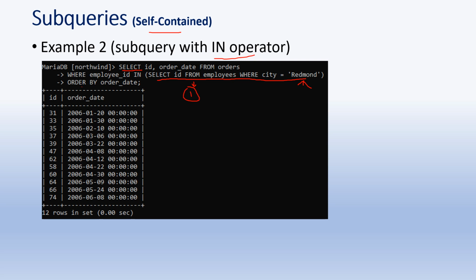It arranges by order date. So you can see here it's already arranged. This is for sorting. It already returned the ID. This is the order ID, but this order was made by an employee whose city is Redmond. So step 1, retrieve the ID of the employee who is from city Redmond.